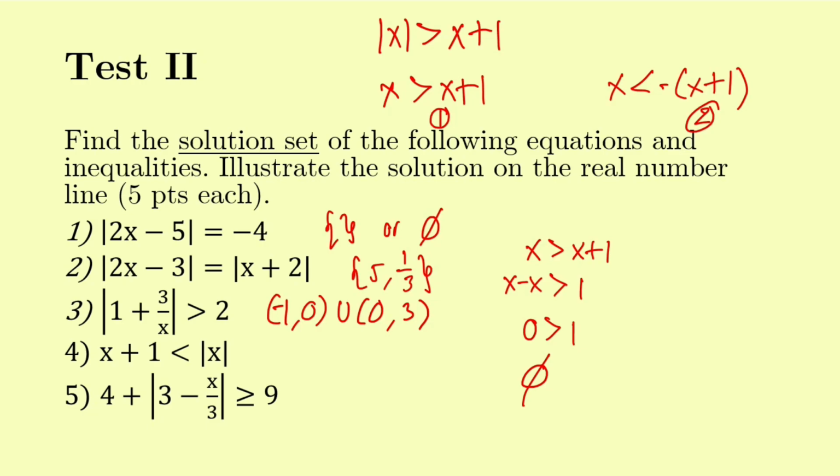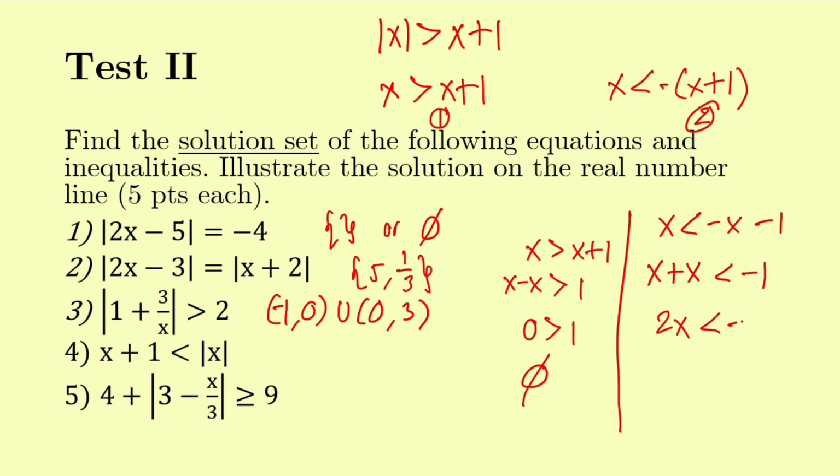Okay, next. For the inequality 2, x is less than negative x minus 1. Dinistribute ko si negative 1 sa labas ng quantity. Kaya siya nagiging ganyan. And then, x plus x is less than negative 1. 2x is less than negative 1.